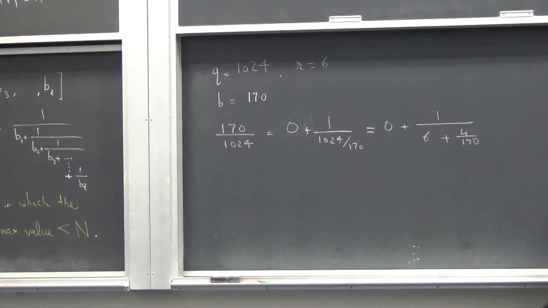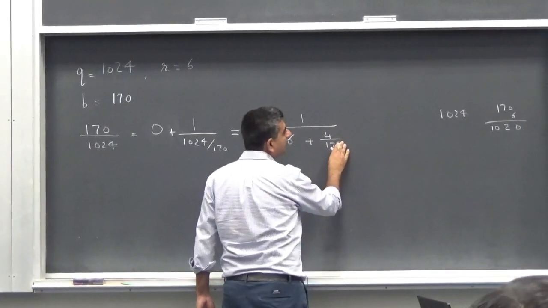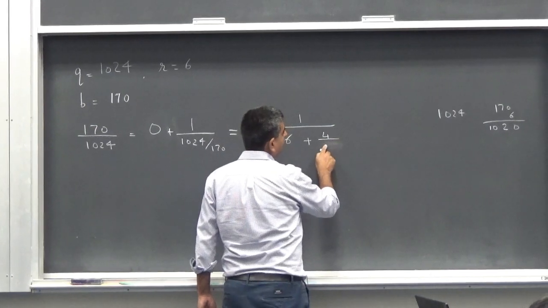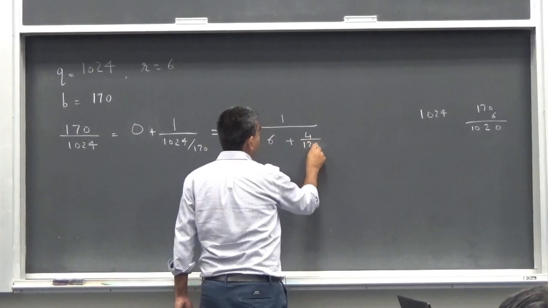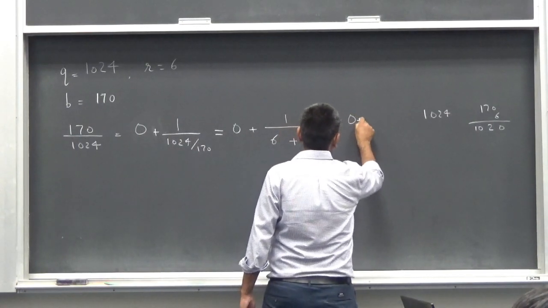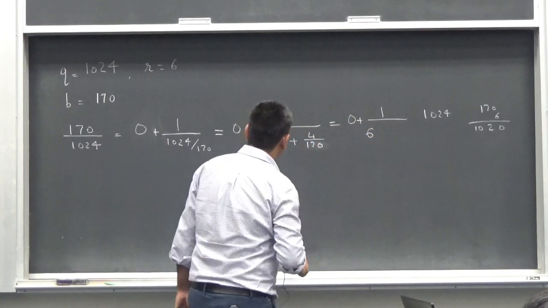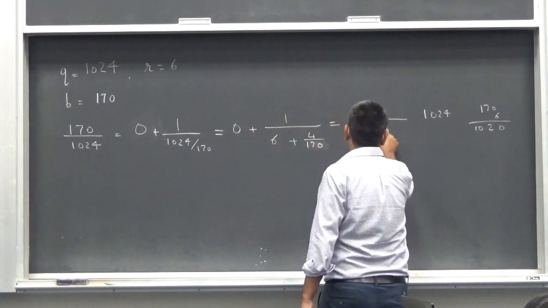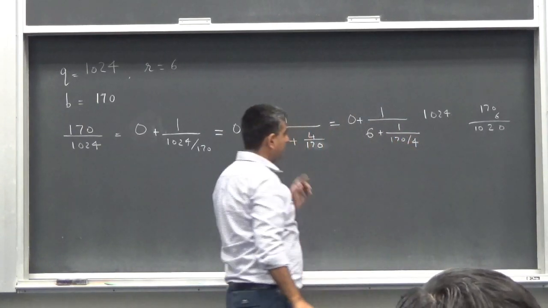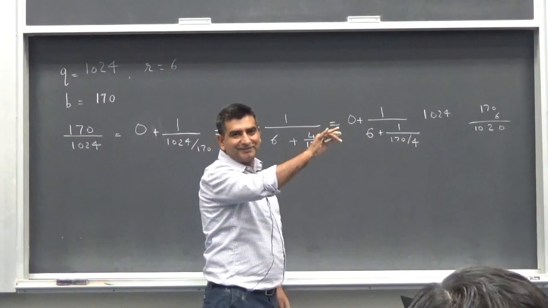Yes, 1020. So 6 plus 4 over 170. Okay, then 170 times 6 is 1020, so here 170 will come. Yes, 170. Okay. Six plus, and so on. I can continue this.